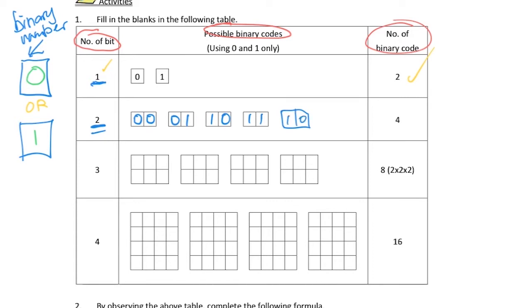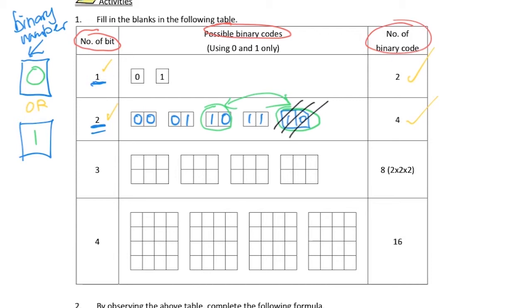The answer should be no, because there will be two possible codes with the same number. They are repeated, so we should have only one of them there. So in this case, we have 1, 2, 3, 4, 4 possible binary codes only. So for 2 bits, we have 4 different possible binary codes.